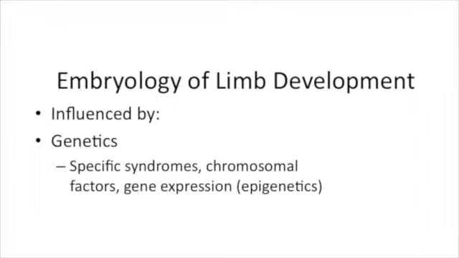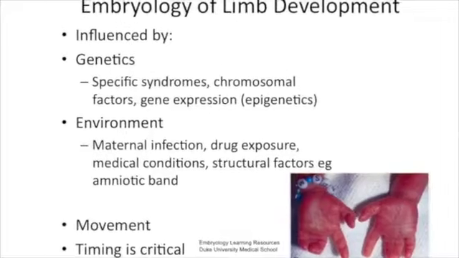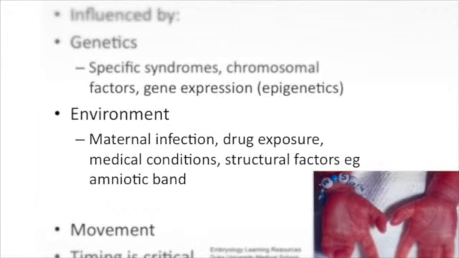All right, so as I said, the embryology of the limb is influenced by genetics, and I'll give you some examples of some specific genetic syndromes, but also gene expression. So it's not just what's in the genes, it's what is happening to their expression. Are they switched on or off, and at what stage in development does that occur? There are environmental factors that influence limb development. I'm not really going to focus on those today, but in particular things like amniotic bands, drug exposure, and other medical conditions.